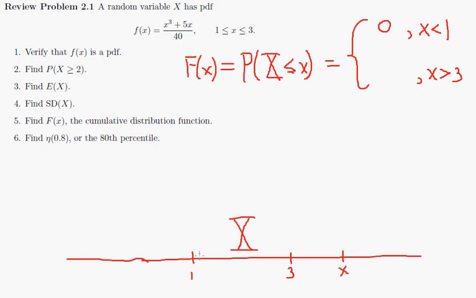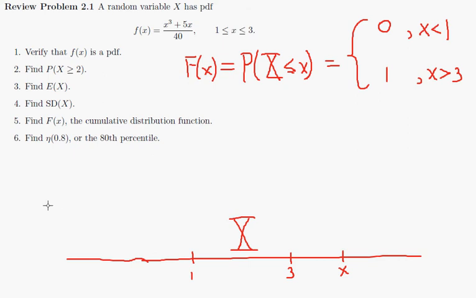So capital X must be between 1 and 3. Little x is over here, so we're guaranteed that no matter what, capital X has to be less than or equal to little x. And so if x is greater than 3, then the chance of this event is 100%. So those are the 2 easy cases.